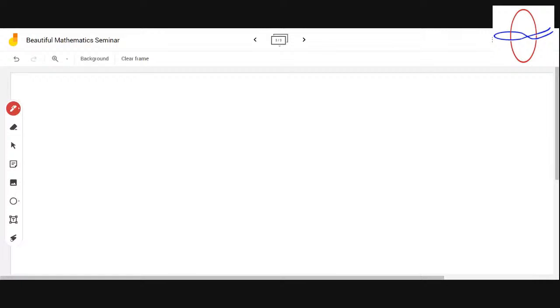How did you like the problem, guys? Okay, let's do the last problem of today. Let's do some functional equation idea. It's a really interesting problem.